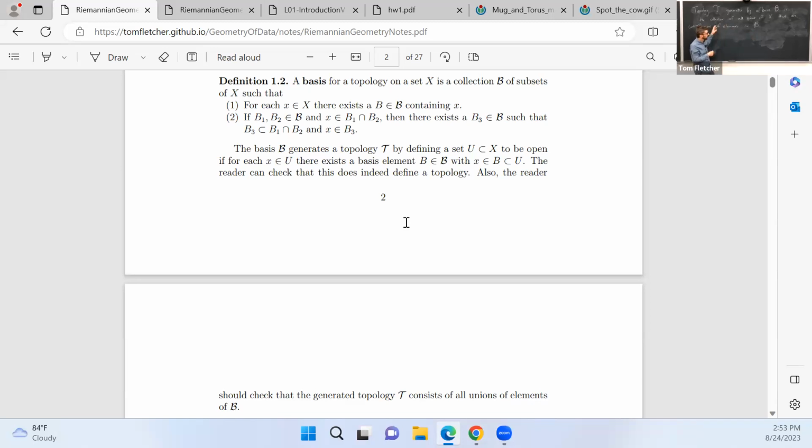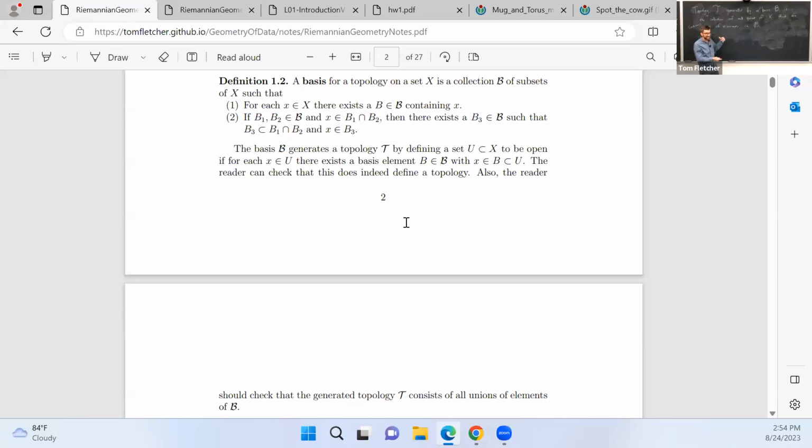So this is what we mean when we say we're going to generate a topology from a basis. We don't have to list every single possible open set. We can just list a basis set and then generate more open sets through this generative process.